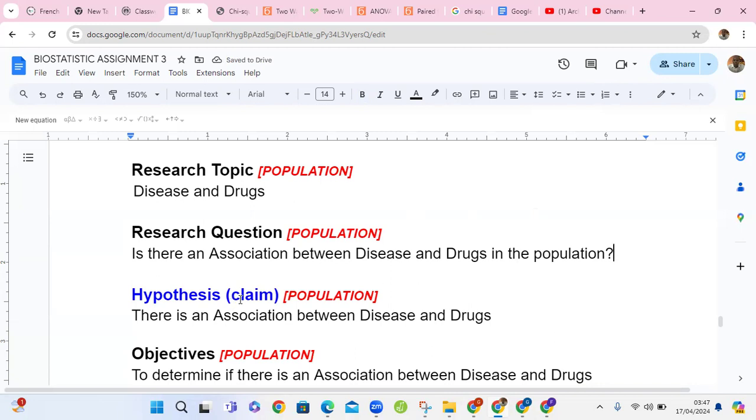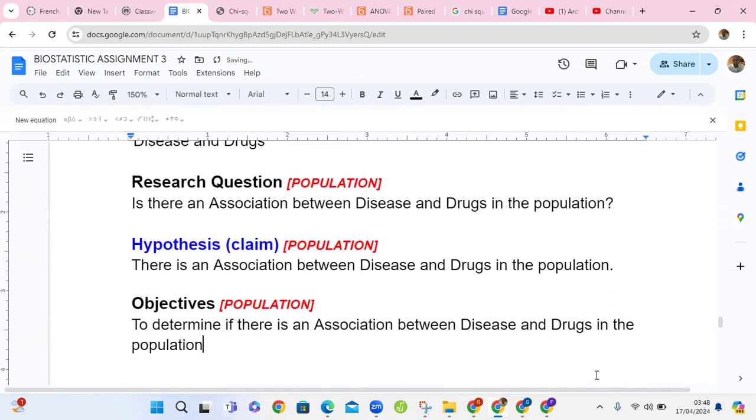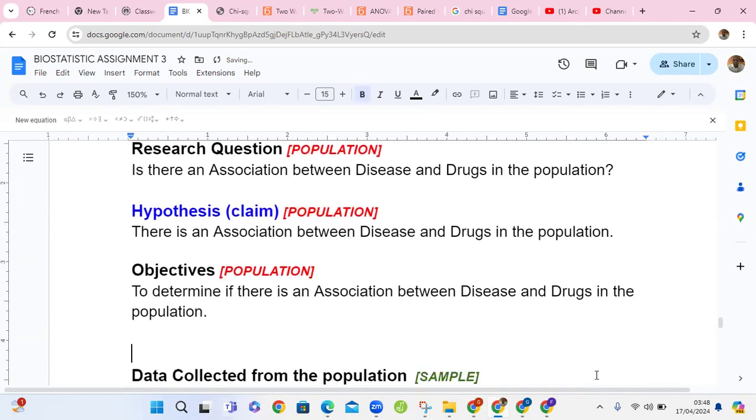And the hypothesis, the claim, a response to the research question without empirical data, is claiming that there is an association between disease and drugs in the population. So this claim has to be tested. Therefore it is all about determining if there is an association between disease and drugs in the population. To do this, we need a sample.